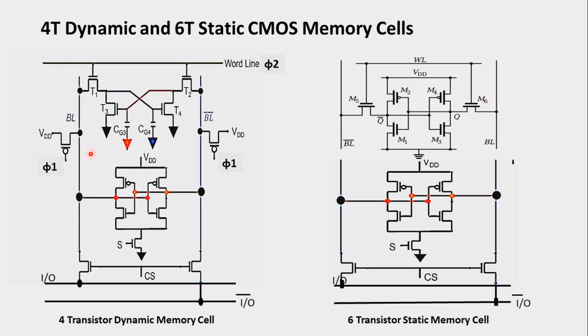See here how we can tell 4 transistor: mainly concentrate only on this part over here. This part is going to be the main logic, the 4 transistor. As you can see, T1, T2, T3 and then T4, these transistors are meant for storage.